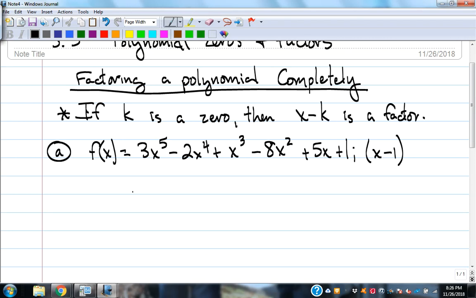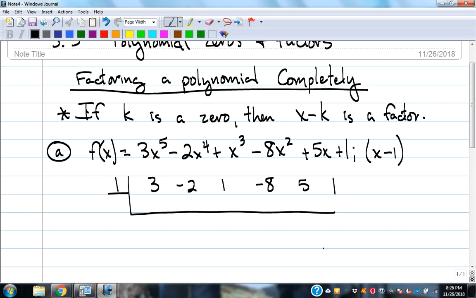So when I set this up, I'm still going to use synthetic. What's going on the shelf for this problem? +1. I got a 3, -2, 1, -8, 5, 1. So this one's kind of long, but it's not a whole lot of steps because we're doing synthetic division. It's a lot quicker than if we were doing long division.